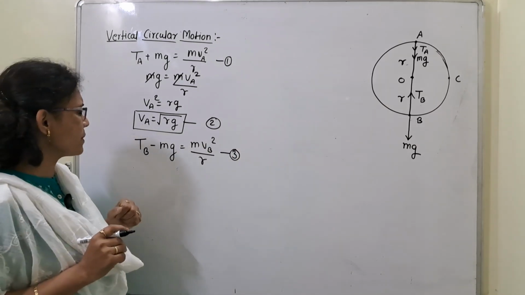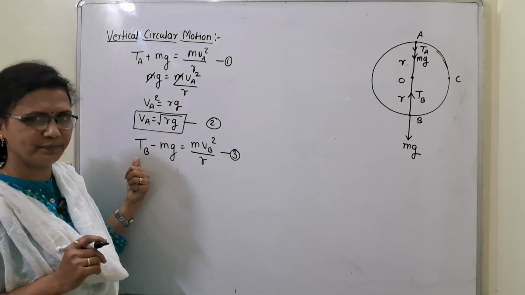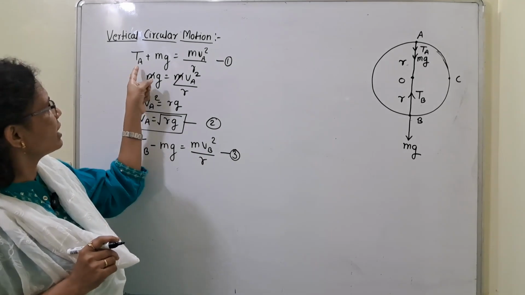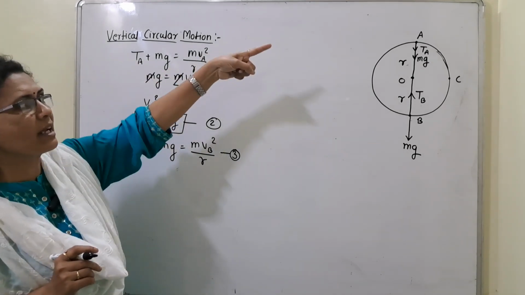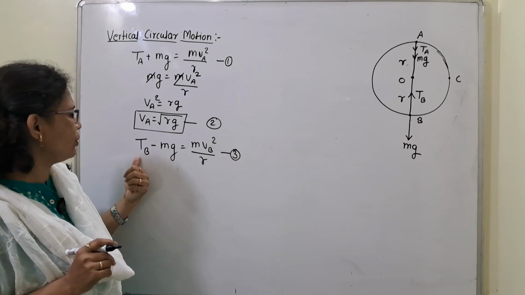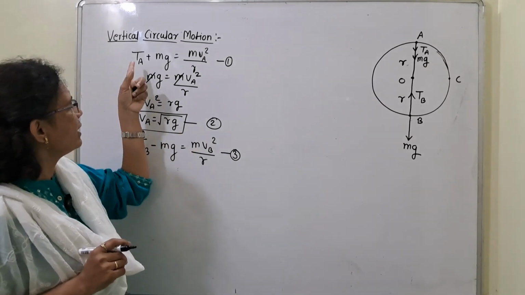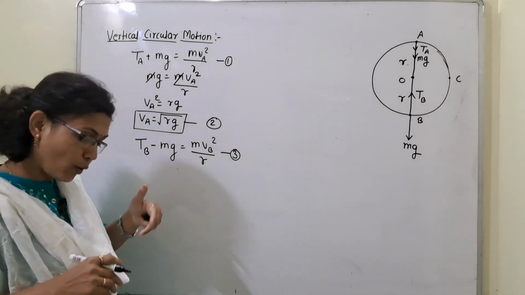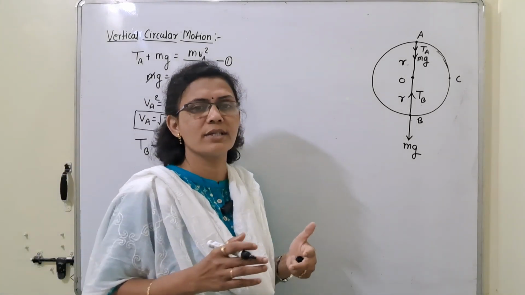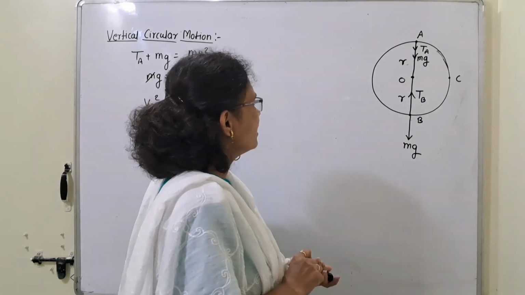But from this expression we can't find the value of VB because we don't know TB. Here we took TA as 0 because the string is slackened, we assume that. But TB we don't know. So we can't derive the expression for VB like VA. So what do we have to consider here? We have to consider the law of conservation of energy.